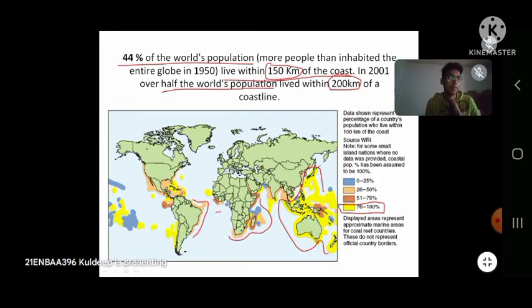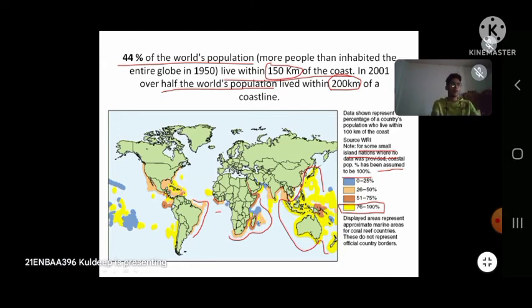Now 100 is a bit more optimistic. For small island nations where no data was provided, the coastal population percent has been assumed to be 100%. If there are small islands and people living there, that is almost a coastline. So 100% is for those small islands.